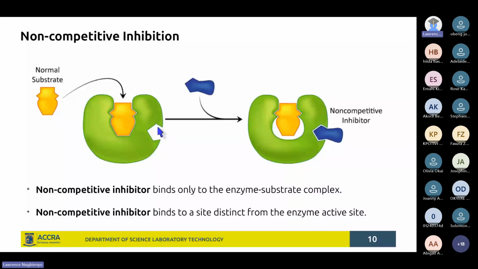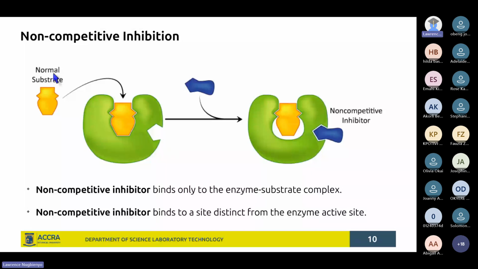You come across terms like allosteric sites. So that's a site that some compound can bind to, but it is not an active site.